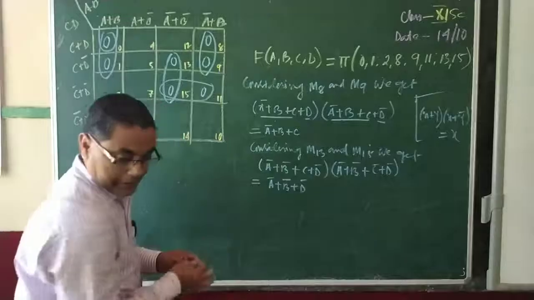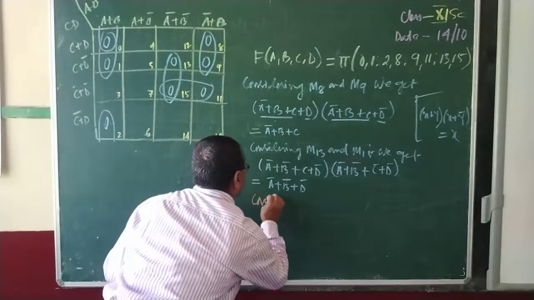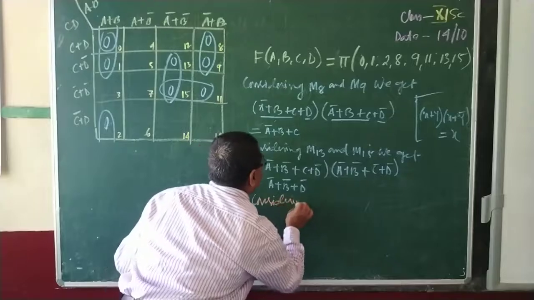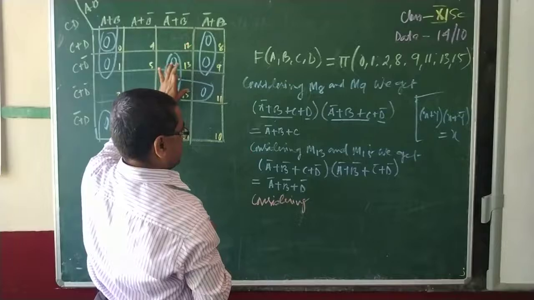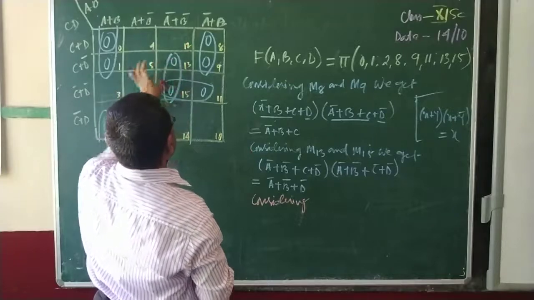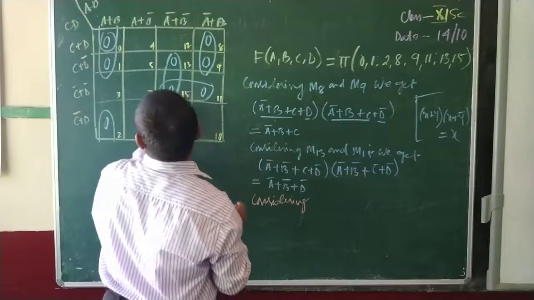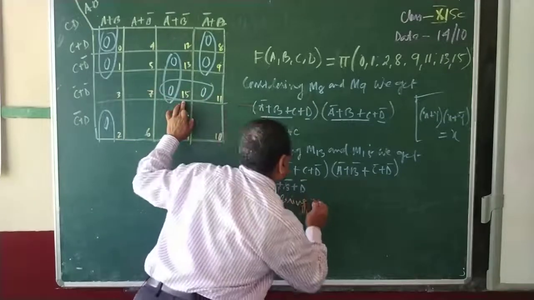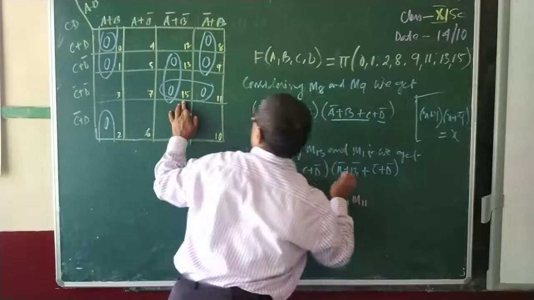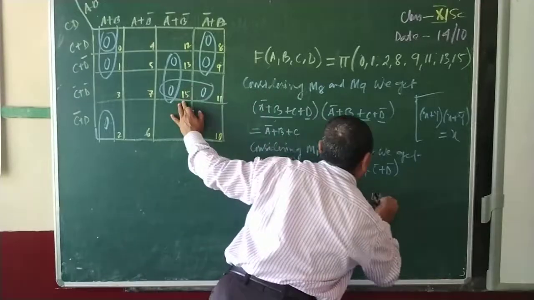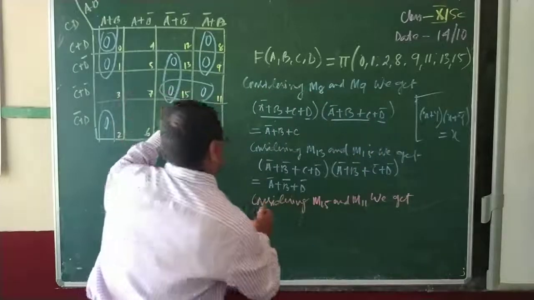Again we are considering M8, M9 you consider, then M13 and M15 consider. Now M15 and M11 we will be considering. Considering M15 and M11, what are we getting?